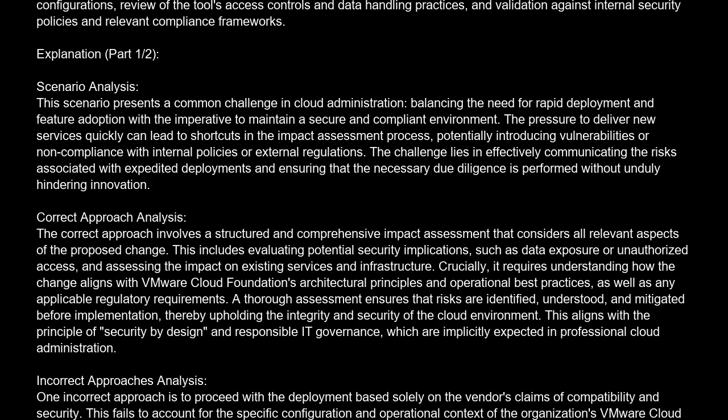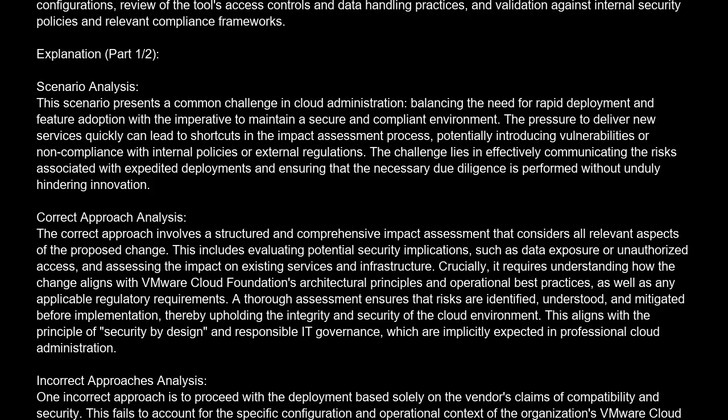Correct approach analysis. The correct approach involves a structured and comprehensive impact assessment that considers all relevant aspects of the proposed change. This includes evaluating potential security implications, such as data exposure or unauthorized access, and assessing the impact on existing services and infrastructure. Crucially, it requires understanding how the change aligns with VMware Cloud Foundation's architectural principles and operational best practices, as well as any applicable regulatory requirements.